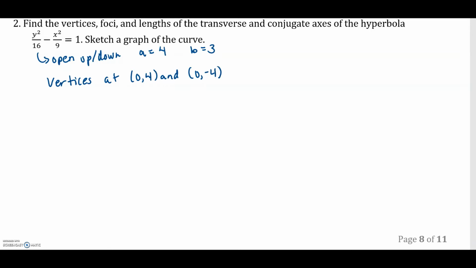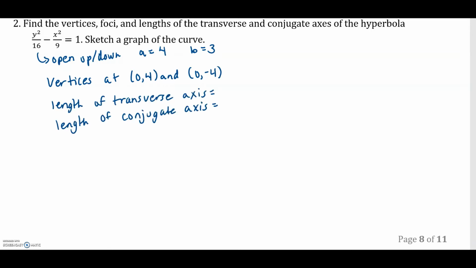We can identify the lengths of the transverse and conjugate axes. For the transverse axis, it's 2 times a equals 8, and conjugate has a length of 6, which was found by multiplying b by 2.